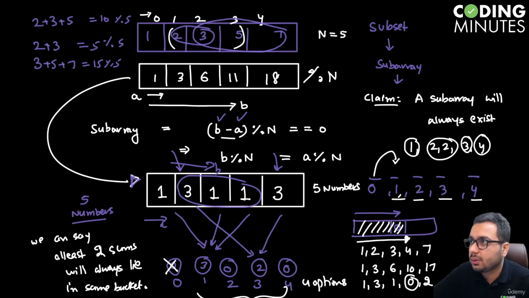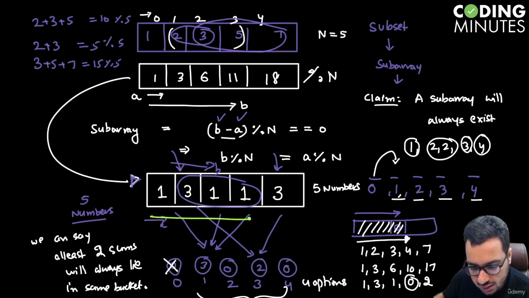So I hope you understood how we have applied the pigeonhole principle in this question. If it is still not clear, we are saying pick any two numbers which are the same. We'll pick the numbers till this particular point, let's say this one and maybe this one.